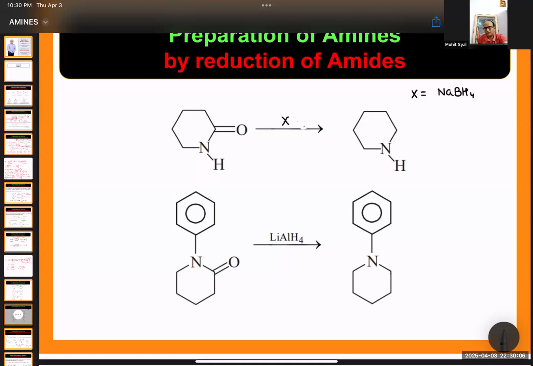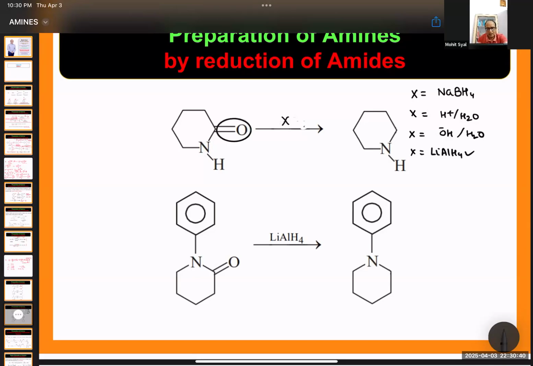Can it be NaBH4? Yes or no? We know it should be LiAlH4 because we are doing the reduction.